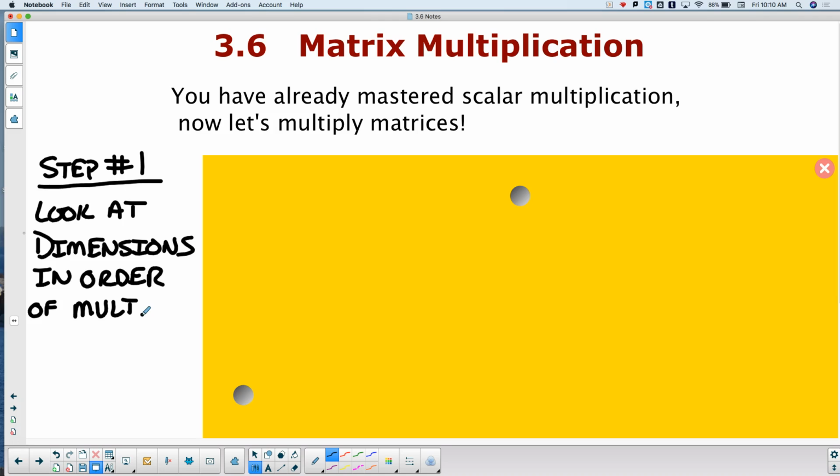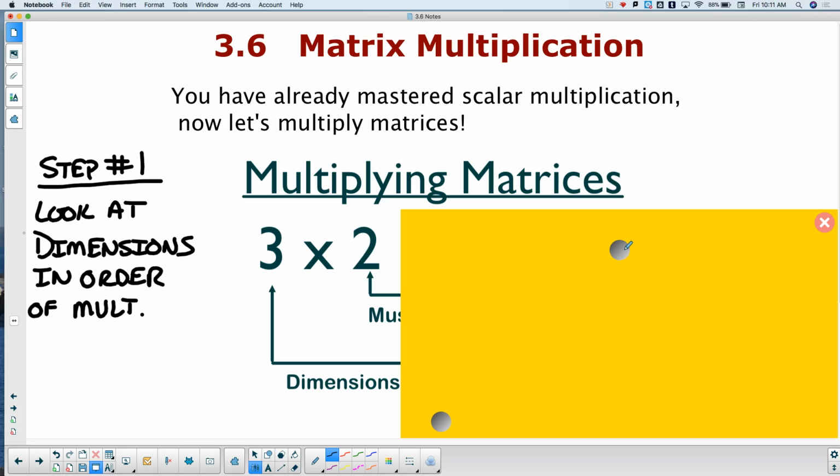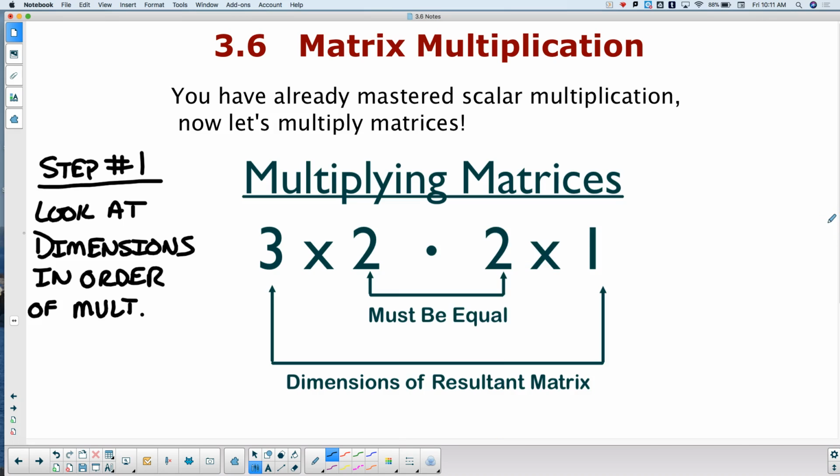Okay? I've got to look at it. So I take the dimensions of the left matrix. Let's say that that is a 3 by 2 matrix. And then I take the dimensions of the right matrix, and I write them. The dimensions of the left one on the left side, and the dimensions of the right one on the right side. And I compare them.